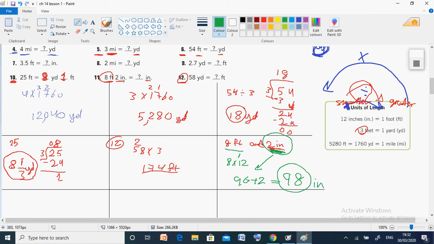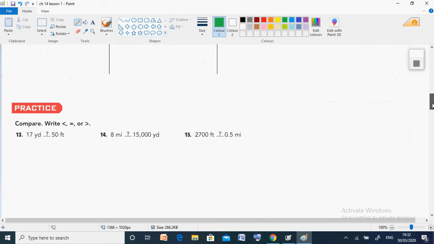Okay, boys, again, don't forget this one. You can say 8 feet, 2 inches. I have to convert the feet to inches. I have to multiply them by 12. The answer is 96, and we have already 2 inches, so we have to add them. So the total answer is 98 inches.